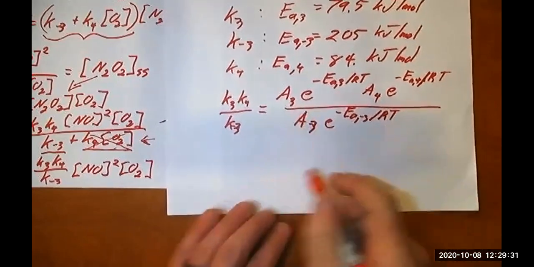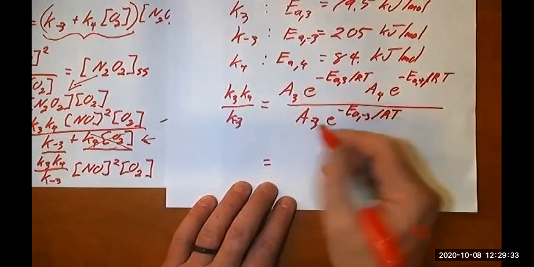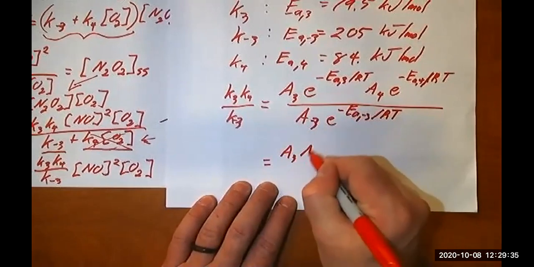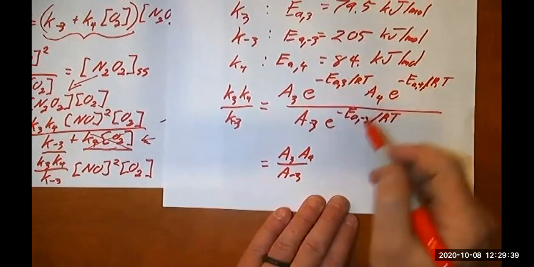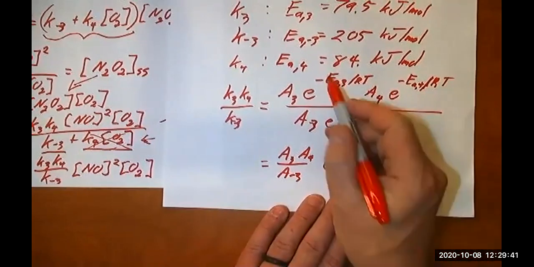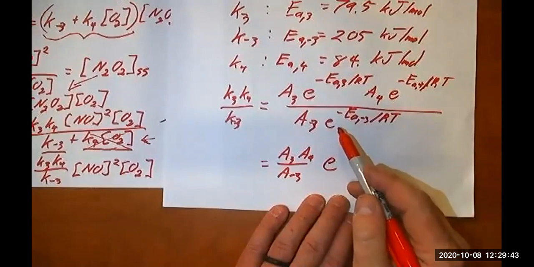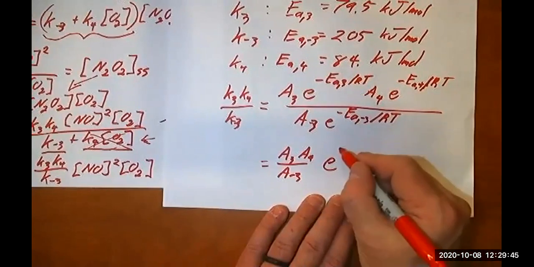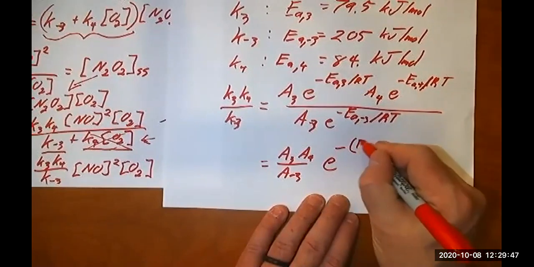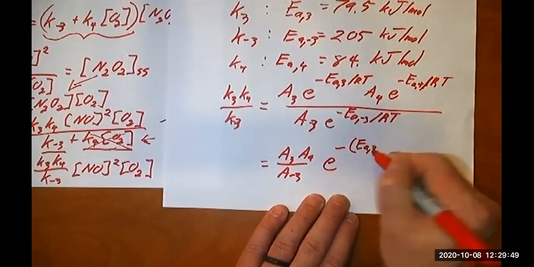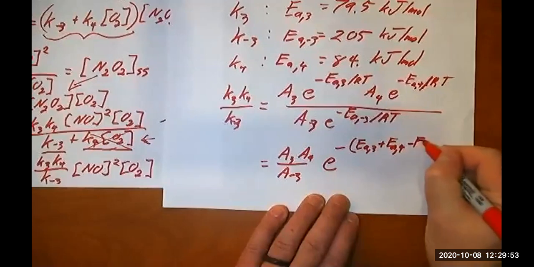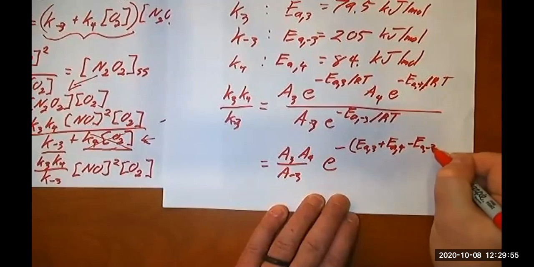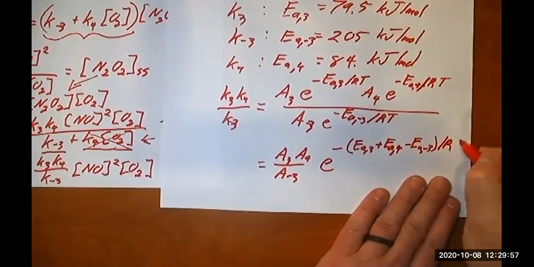We can combine some terms here so that our pre-exponential becomes A3, A4 over A minus 3. We can combine these terms just by using the properties of exponents to become minus EA3 plus EA4 minus EA negative 3 all over RT.